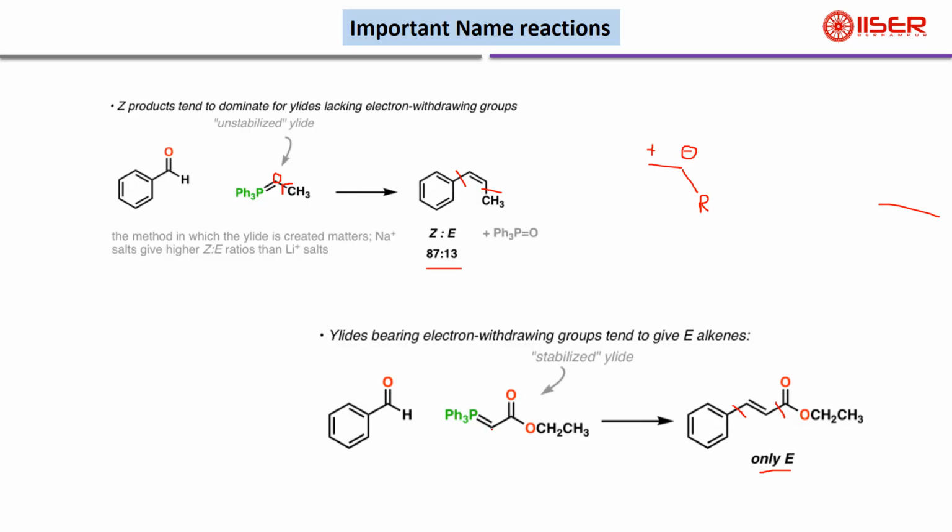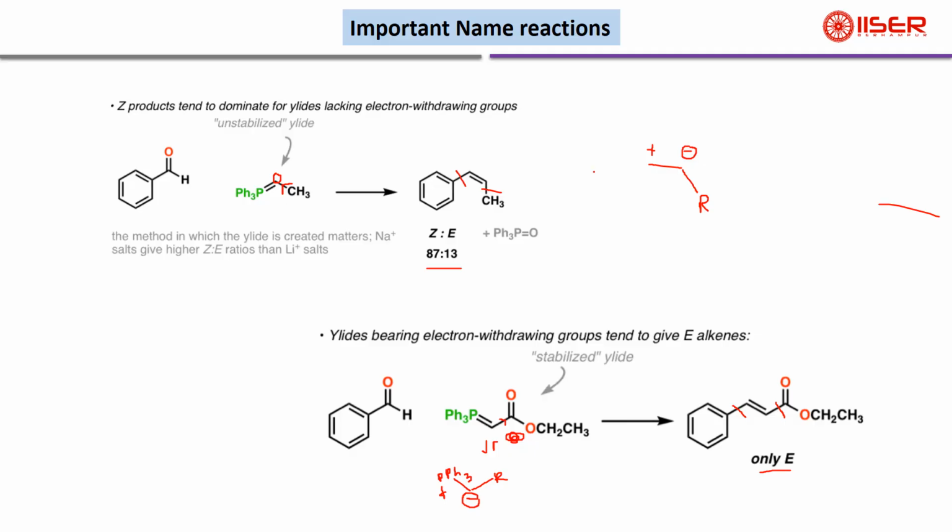Whereas in this case, the negative charge here, if you imagine it like the open model which I already showed, because of the resonance effect of the phosphorus d orbital, is present as a double bond, but you can imagine it this way also. This negative charge has an adjacent ester group, which is electron withdrawing. Because of that, this negative charge gets stabilized. So this is called stable ylide.